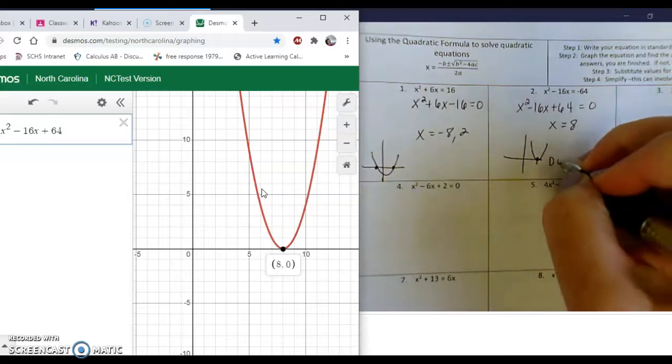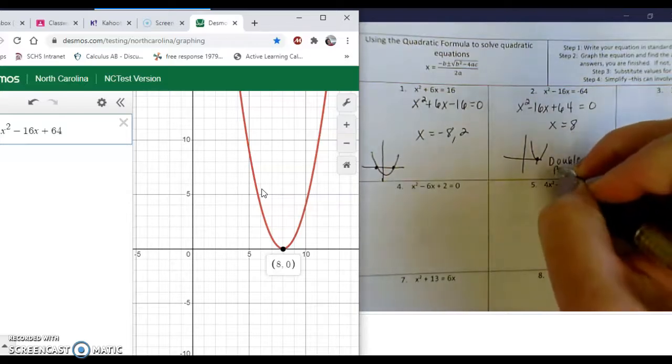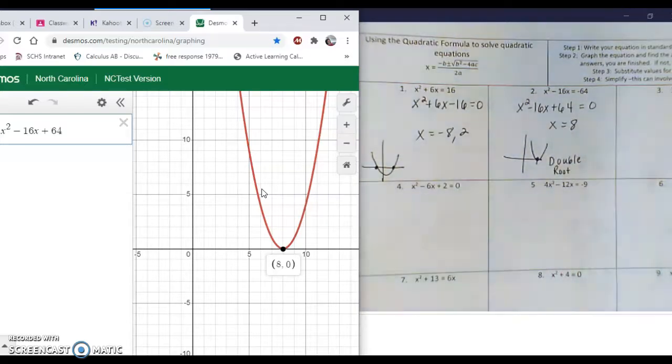I'm just going to put that note there because we'll need it later. That's called a double root. So it's kind of like there's two zeros, even though it only looks like one. Okay? And when it just sits there on the x-axis, that's called a double root, and that's called two zeros. Okay? So it might touch twice, it might touch once.